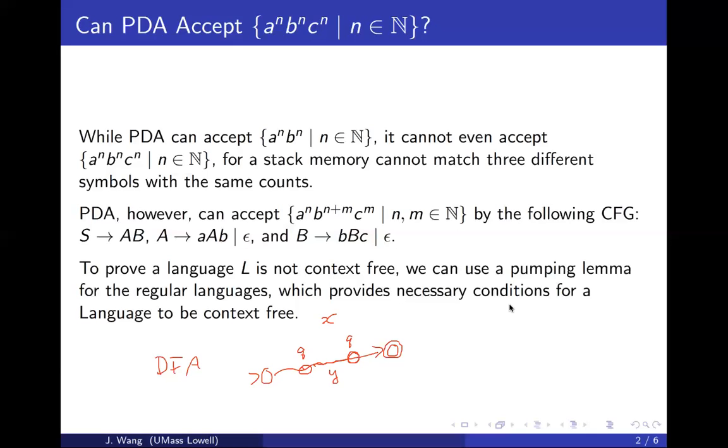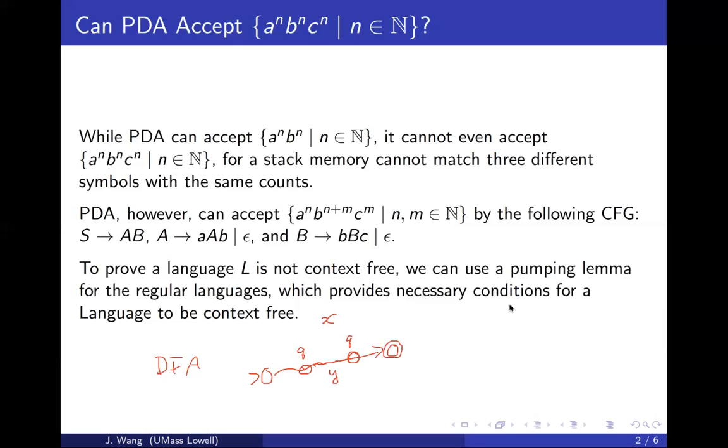Similarly, for context-free languages, we have a pumping lemma as well, but in this case, instead of looking at a single path for the DFA, we're going to look at a derivation tree.